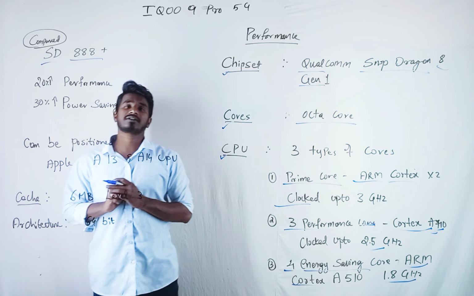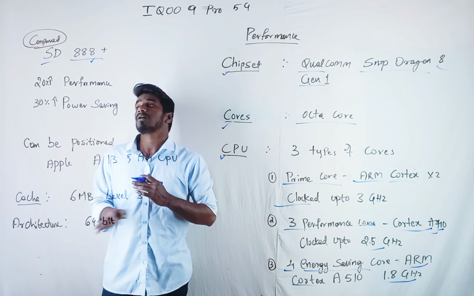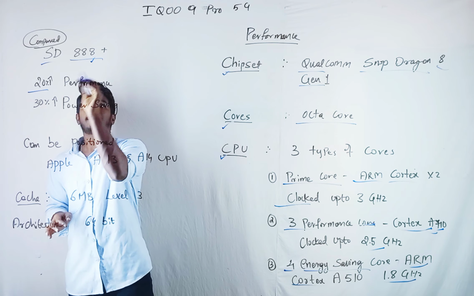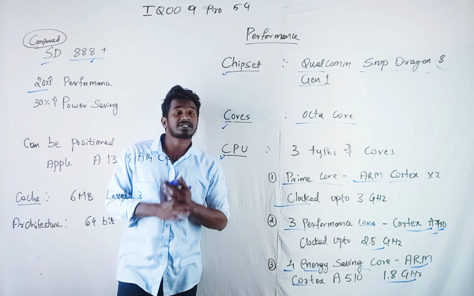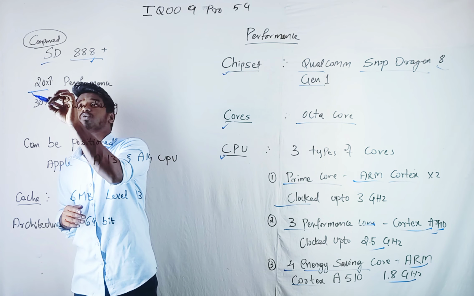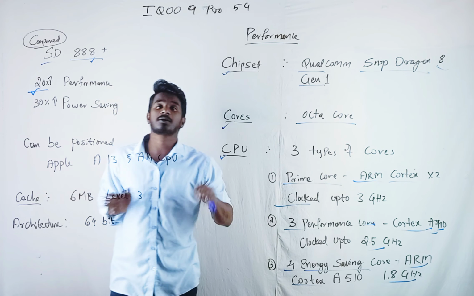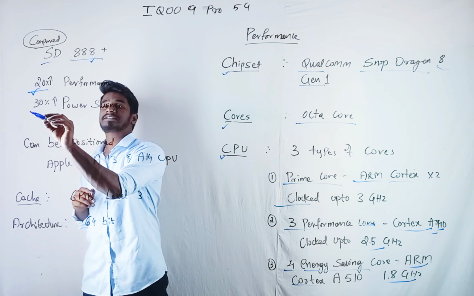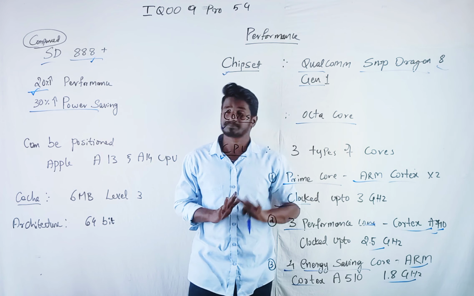Even now it is among the top processors. Compared with it, the Qualcomm Snapdragon 8 Gen 1 gives 20% more performance and 30% more power saving compared to Snapdragon 888 Plus.